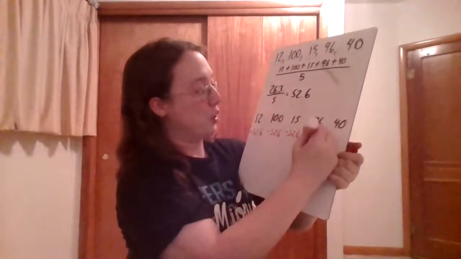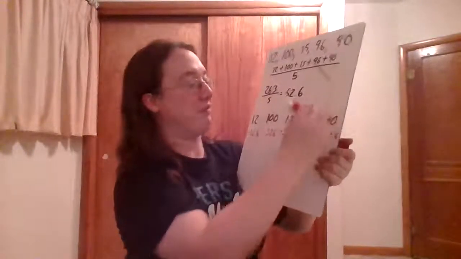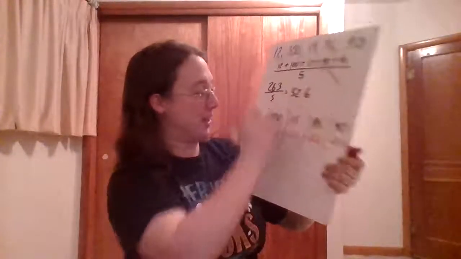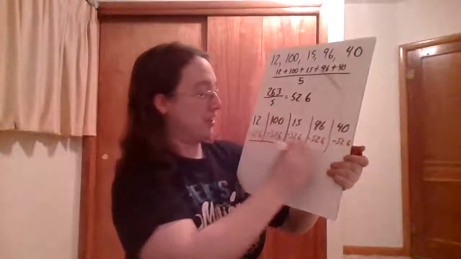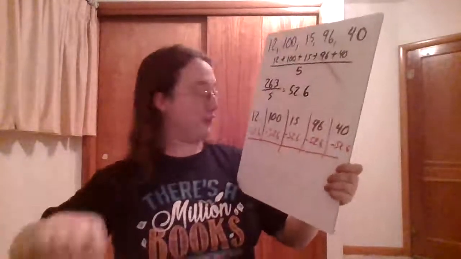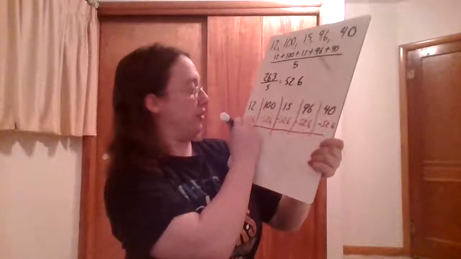These ones you probably don't know in your head. Neither do I. Okay. And again, absolute value signs, so we actually want the positive of whatever we end up with there. So 12 minus 52.6 is negative 40.6.